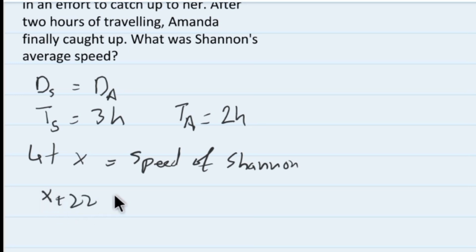Why x plus 22? Because she was traveling 22 miles per hour faster than Shannon's speed, which is equal to the speed of Amanda.